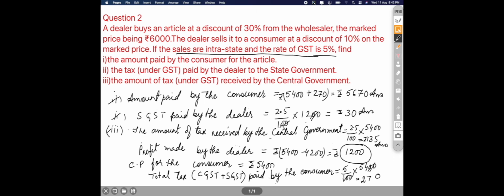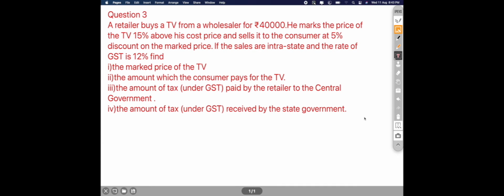Now let us move on to the third question. A retailer buys a TV from a wholesaler for rupees 40,000. So this is the selling price for the wholesaler, right? He marks the price of the TV 15% above his cost price. Who marks? The retailer marks 15% above his cost price and sells it to the consumer at 5% discount on the marked price.